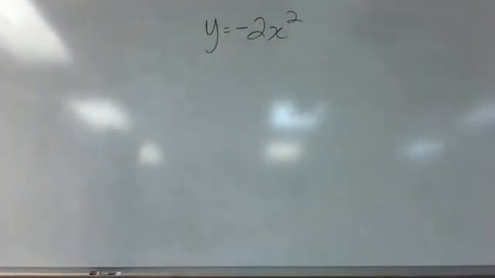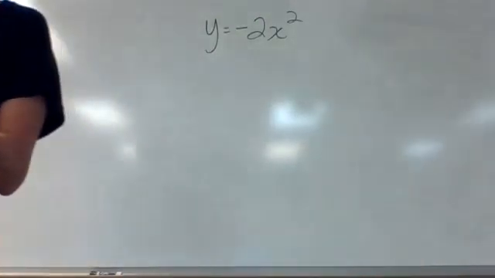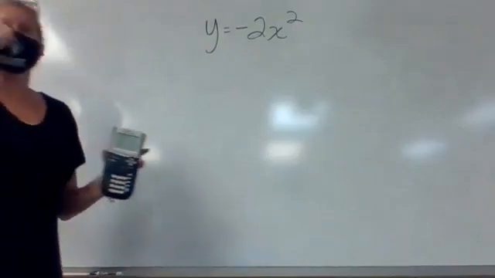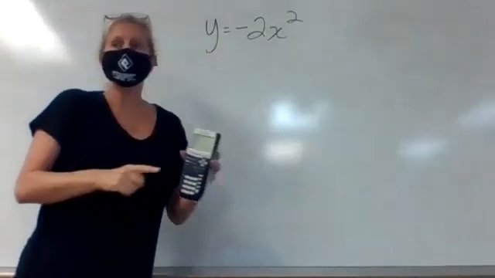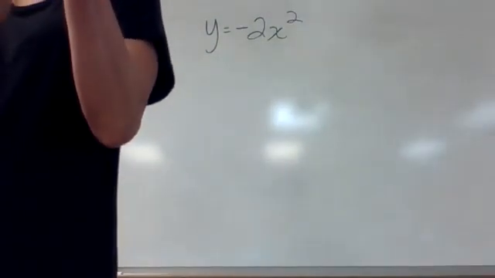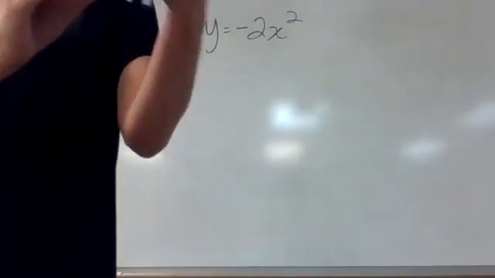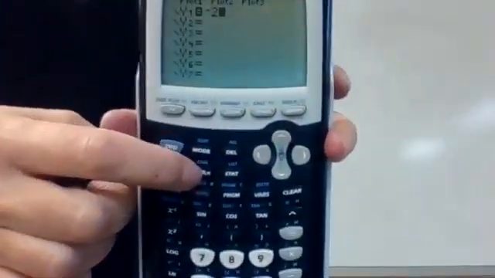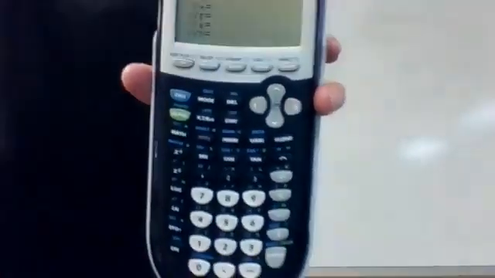So I'm going to my y equals. You probably still have the last thing in there. Just clear it out and type in what y equals. This one says -2. Remember, your negative button is the one below the 3. So -2. There's your x. X is always that same thing.